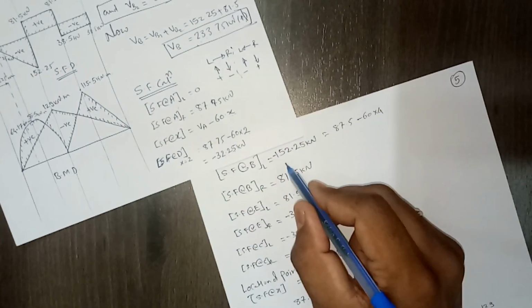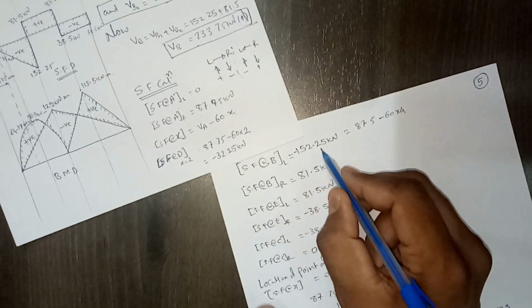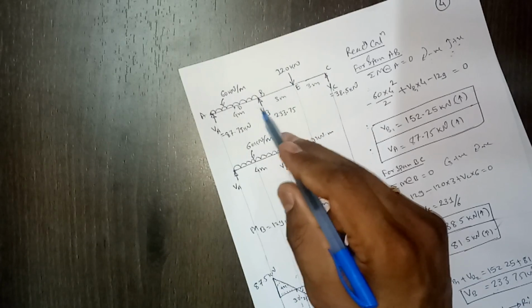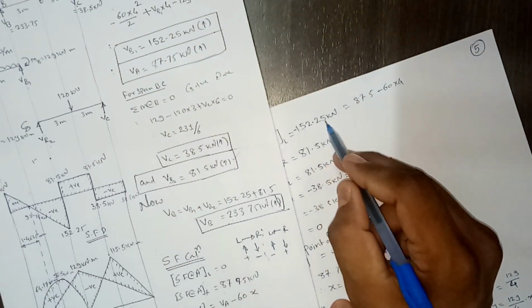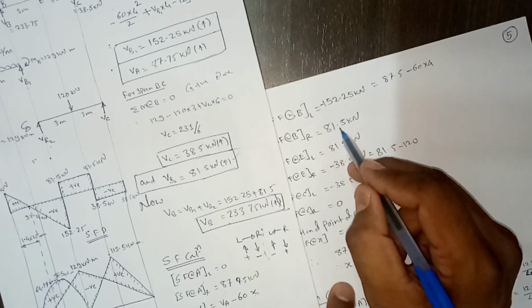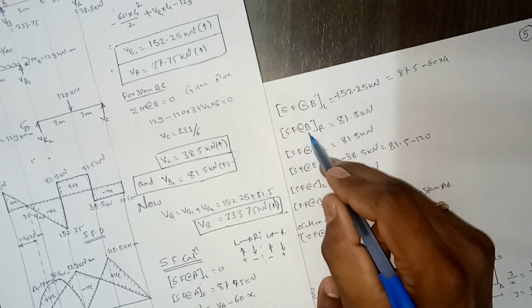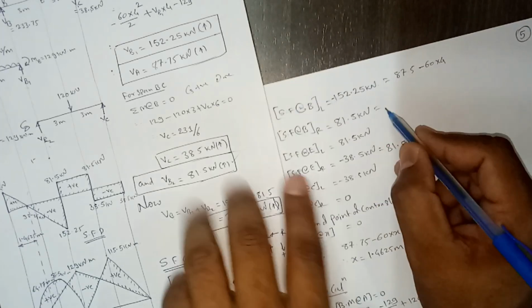If you solve this, you'll get minus 152.25 kilonewton. So the shear force on the left hand side of this B point will be 152.25 kilonewton negative.